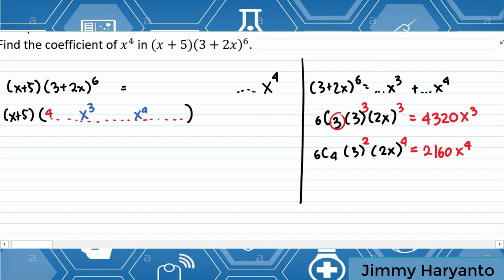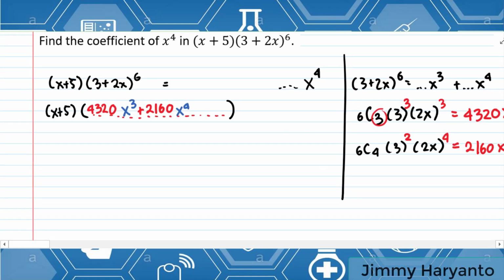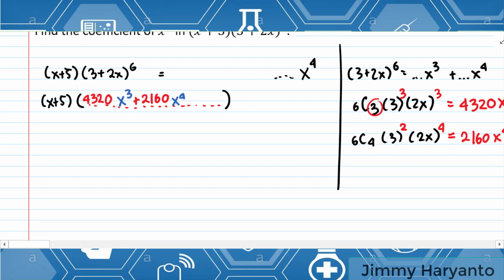Yeah, we have 4320x cubed and then plus 2160x^4. As I told you before, if the question wants us to find x^4, we just times this one. It will become 4320x^4, and then we just times this one, plus 2160 times 5 equals 10,800 x to the power of 4.